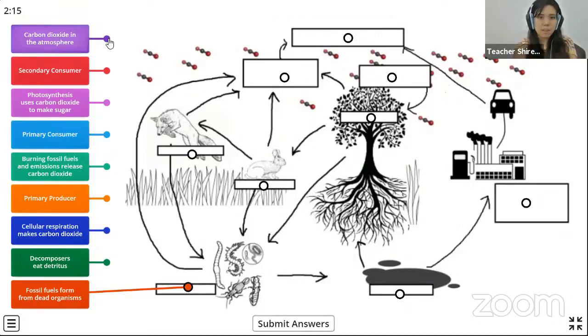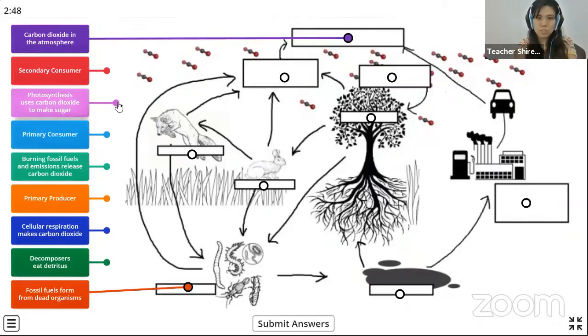You want this? Carbon dioxide. Okay, go ahead. Where would you like to go? Next. How about do something that you know first?